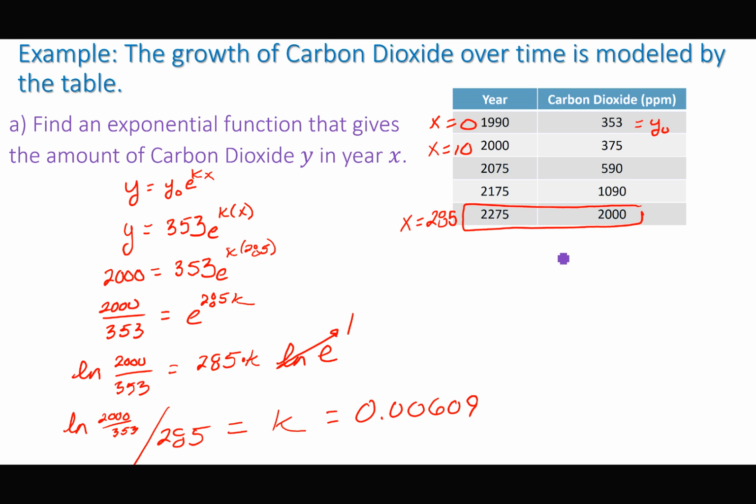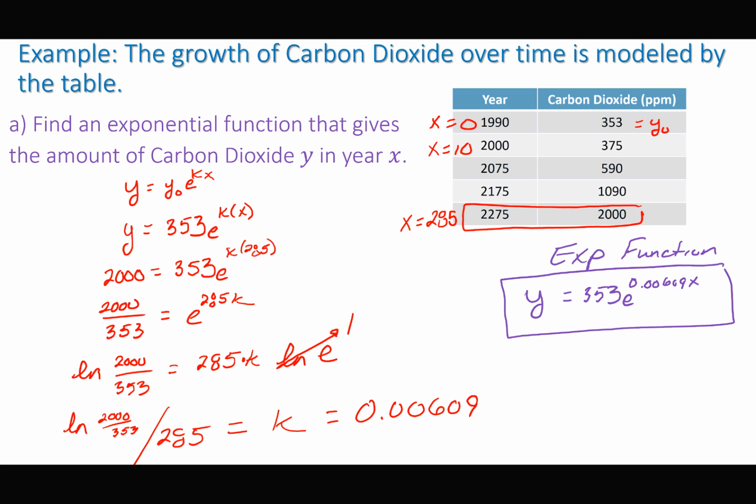So final answer on this, the exponential function would then be y equals 353 e to this new k value that we found, 0.00609 times x.